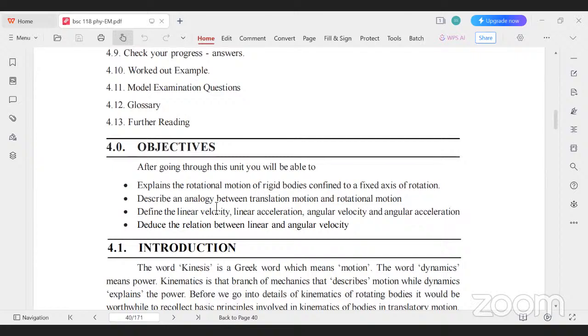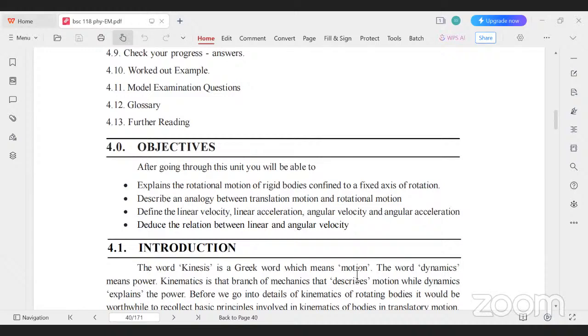So what is the introduction? What is kinematics? Before going to kinematics, we need to know what kinesis is. It's a Greek word. It means motion. As I told you, kinematics is about an external force being given to a particle or any object or body which does some work. The word dynamics means power. We say this person is very dynamic, that person is very dynamic.